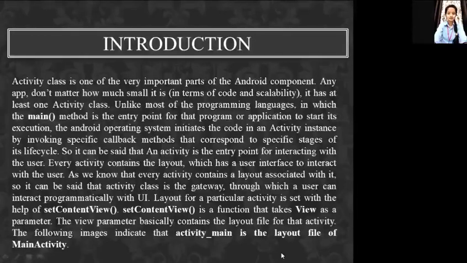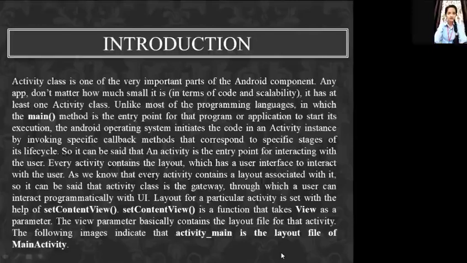Introduction: the activity class is one of the very important parts of the Android component. Any app, no matter how small it is, in terms of code and scalability, has at least one activity class.